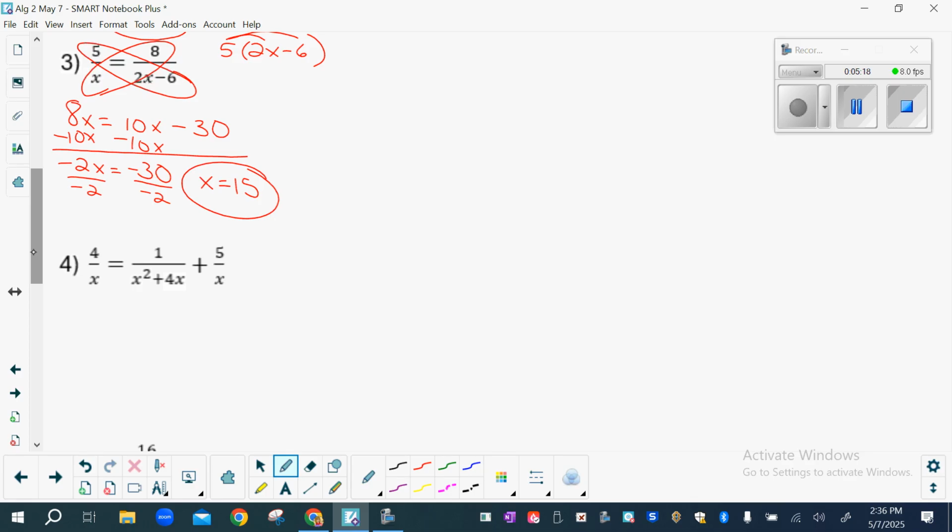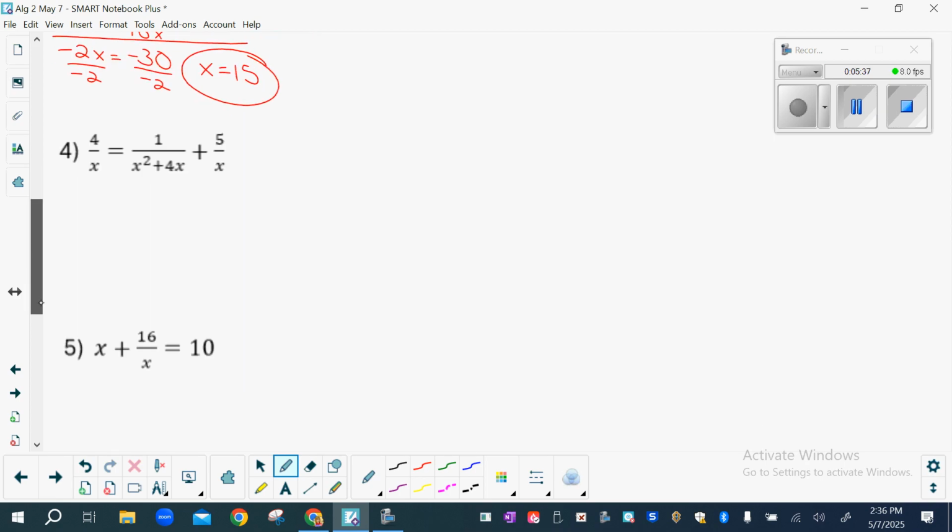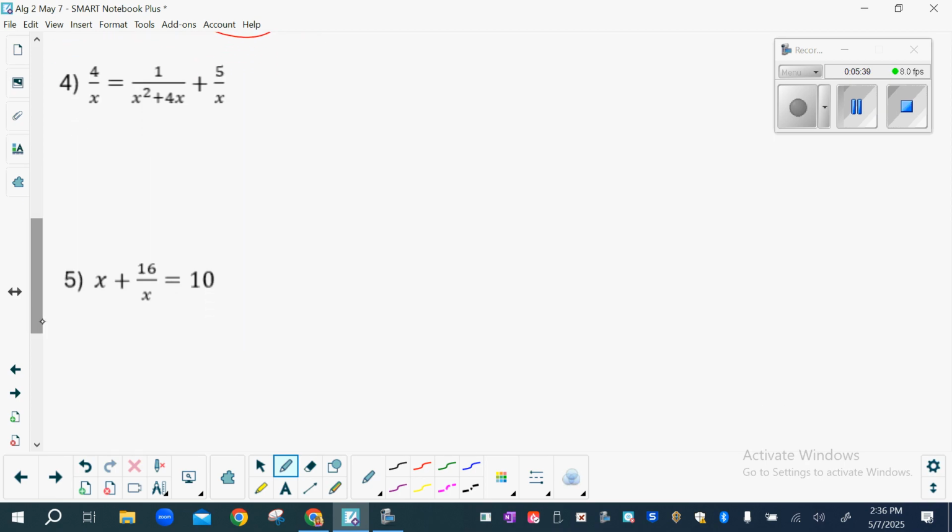Okay, number 4. Can I factor one of those denominators? This group can tell me how to factor x squared plus 4x. So the x squared plus 4x factors, how do we factor it?